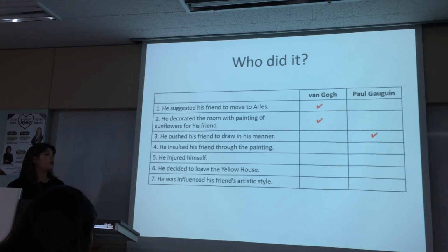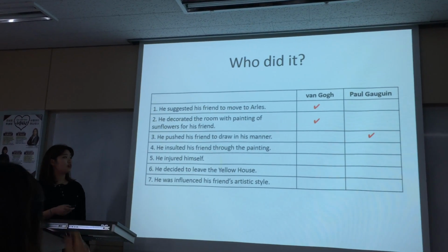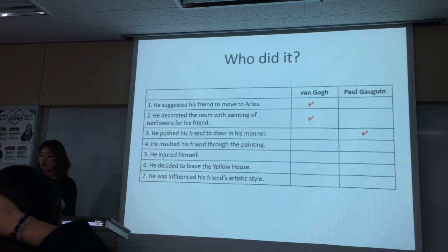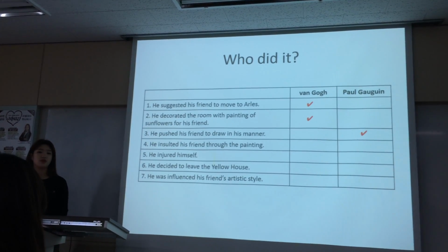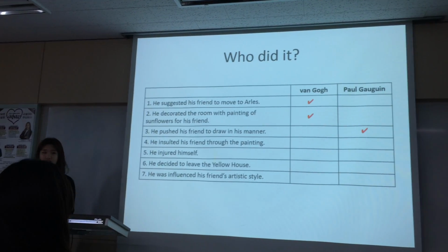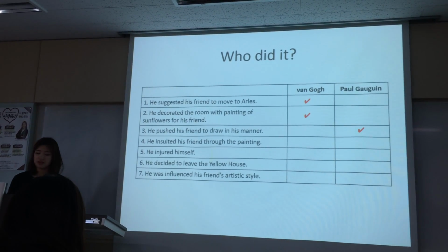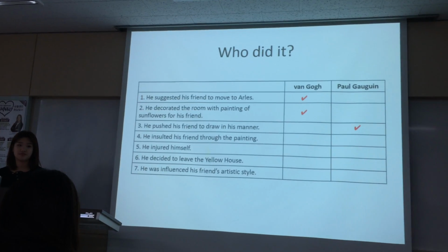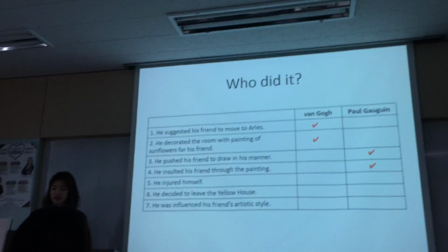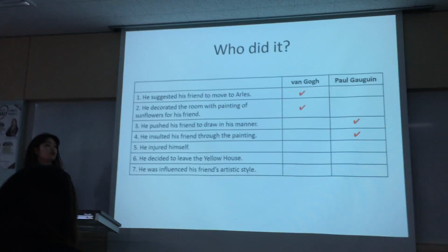Right. Paul Gauguin pushed his friend to draw in his manner. So Gogh tried to do it, but he was unable to follow the Gauguin style. Next, who inspired his friend through the painting? That's right, Yerin. Gauguin inspired Gogh through the painting.